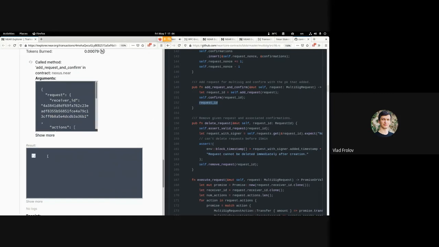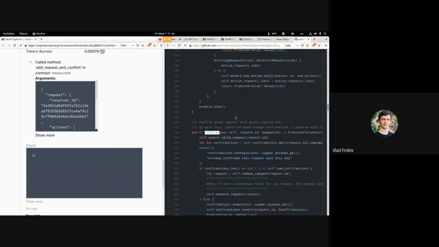So getting back to add request and confirm, that's all this method does. It just created a new request, recorded it on local storage, has this new request ID, and returns it. So 72, as we saw it here, is this new request ID.